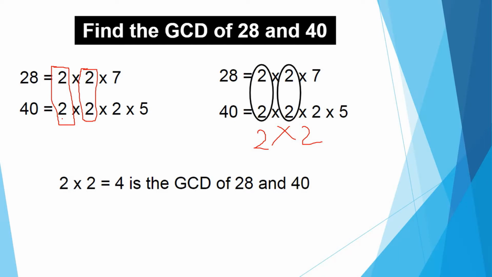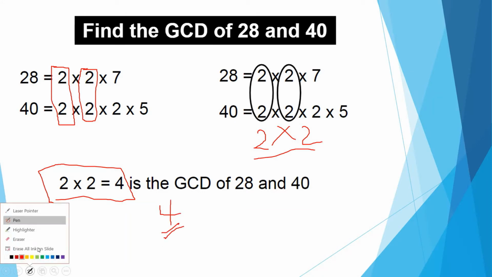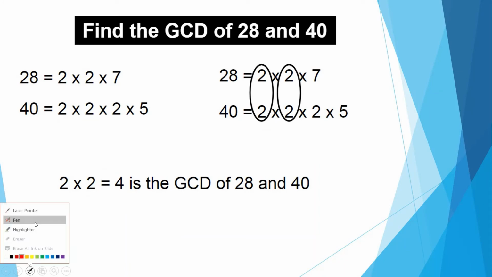So now we have 2 and 2. So 2 times 2 is 4. And so the GCD or the HCF of 28 and 40 is 4. I hope you understood this.